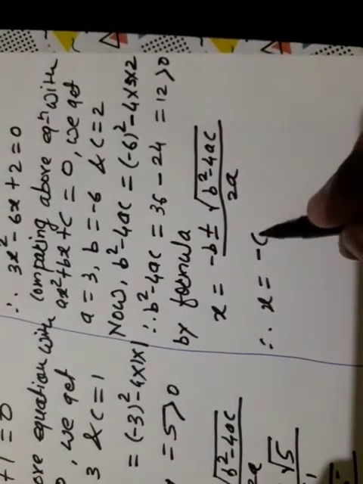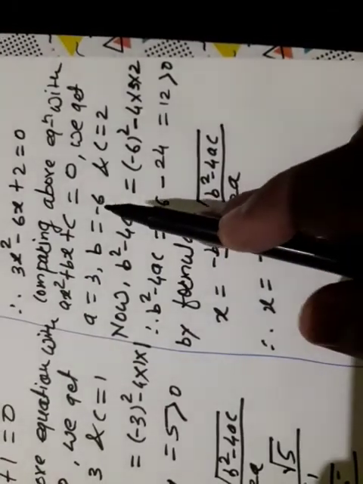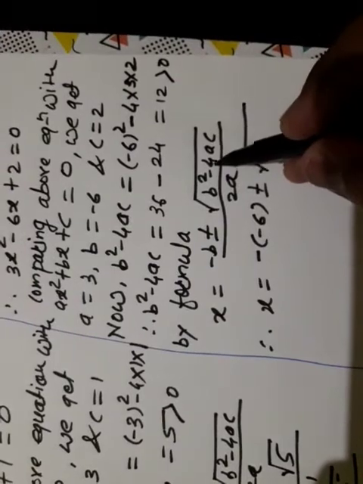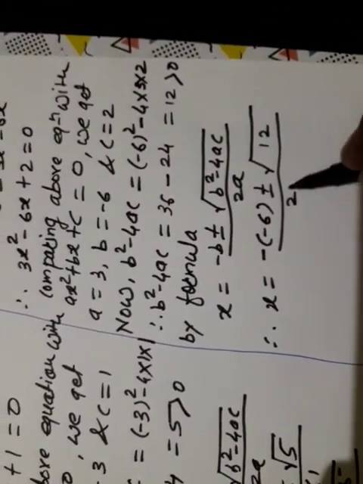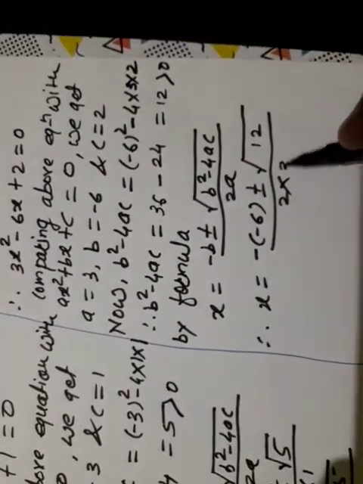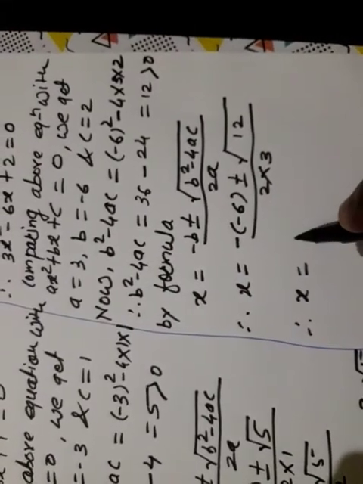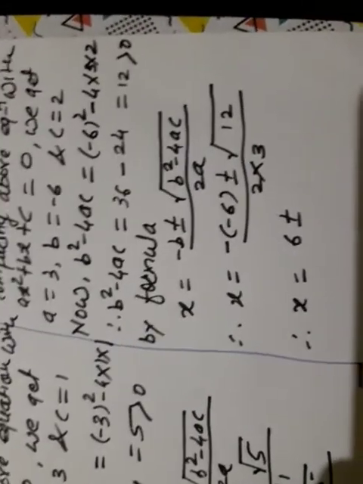Minus 6, original minus sign, and this is minus 6, plus or minus the square root of b square minus 4ac, what we got? 12, divided by 2 into a. What is the value of a? 3. Therefore x is equal to minus minus plus means plus 6 plus or minus root 12.